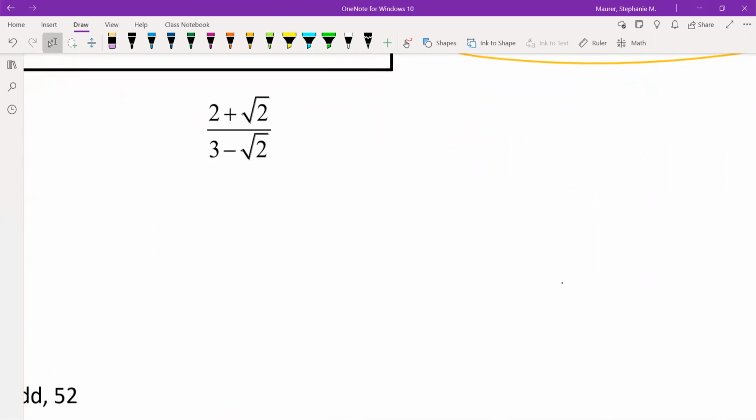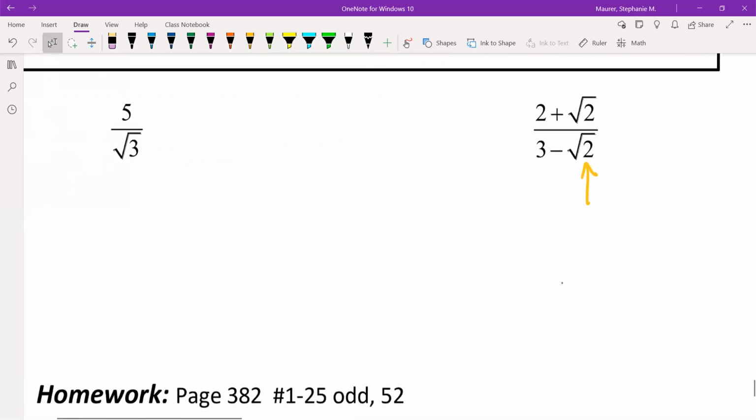As we mentioned when we looked at rationalizing denominators yesterday, you are not allowed to have a square root or cube root or any radical in the denominator ever. So right now, this square root of 2 is a problem. In the first example, it would not be hard for us to get rid of that by simply multiplying it by a square root of 3.